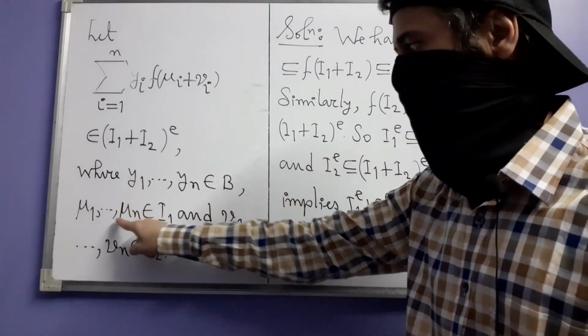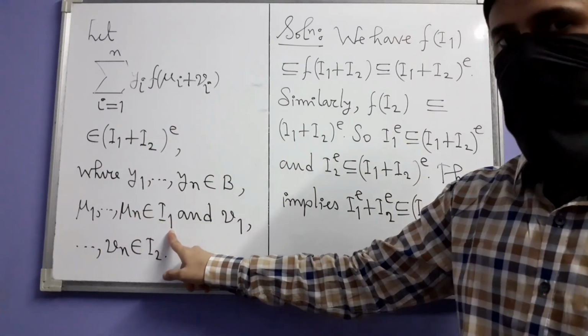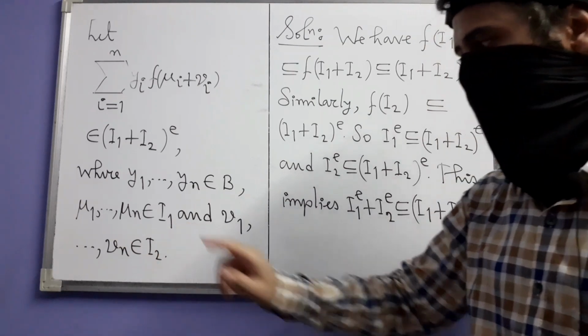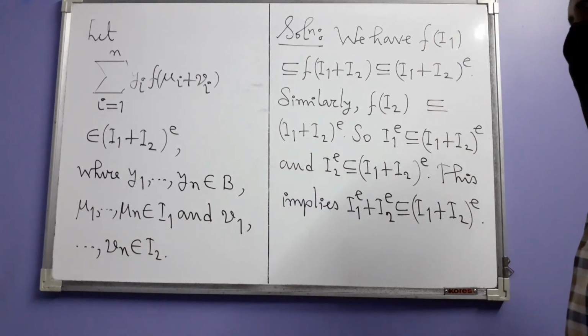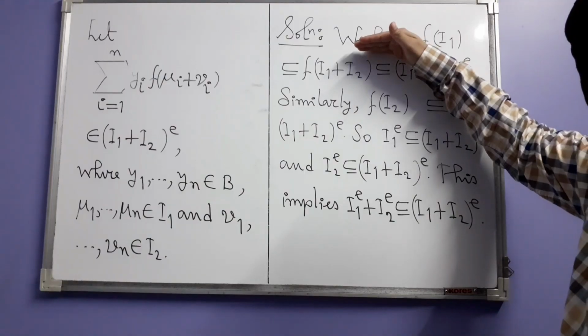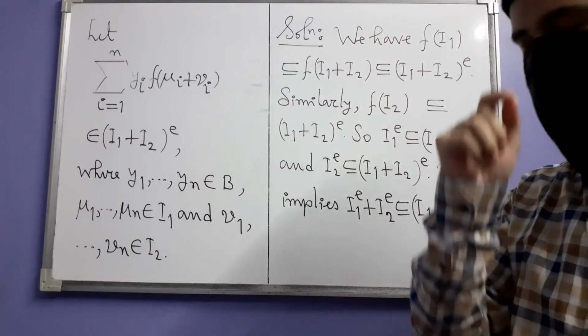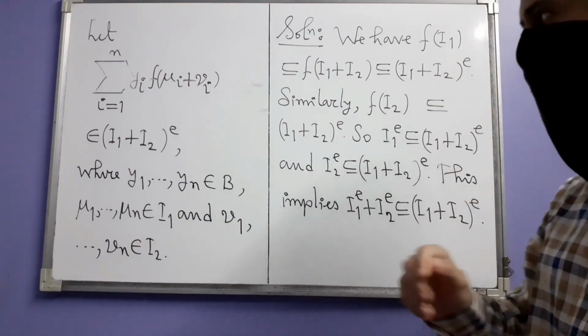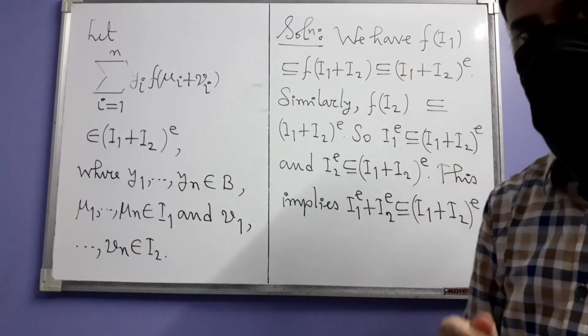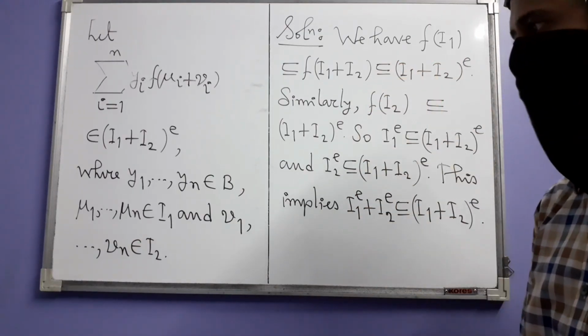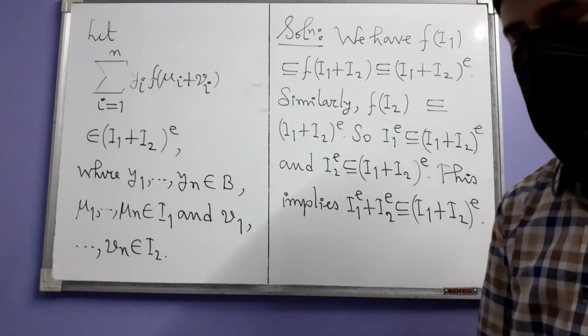The mu i's are coming from the first ideal I1 and the nu i's are coming from the second ideal I2. You may wonder why we did not have to consider elements to establish the first inclusion. Well, the first inclusion luckily just comes like that without having to consider elements. But for the second one we have to consider elements.